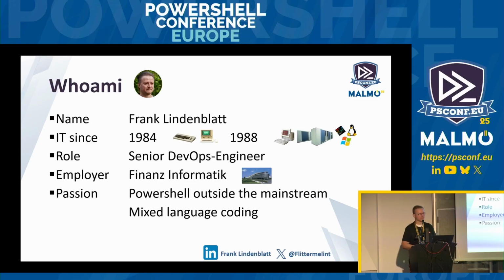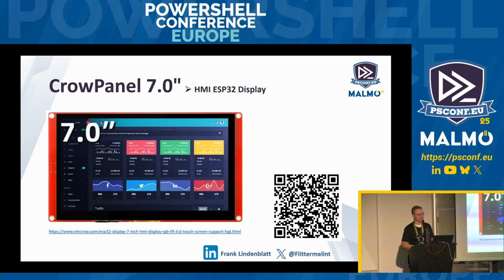At work, I use PowerShell normally, like almost everyone, but in my spare time, I always try to do something special with PowerShell. I'm always working with different languages, PowerShell and C#, or in this case, PowerShell and MicroPython. A weird combination, but we'll see what is possible.